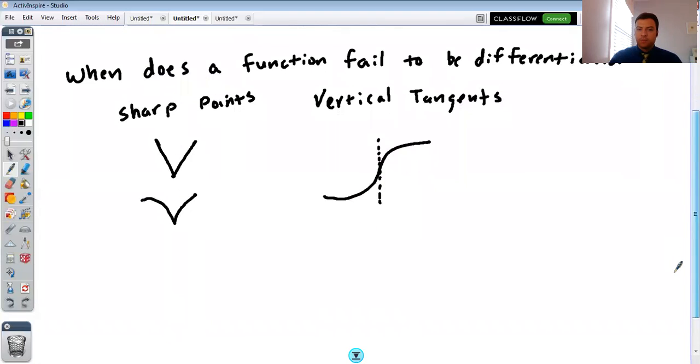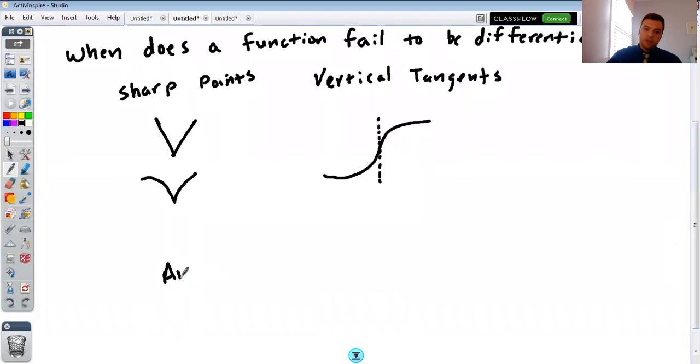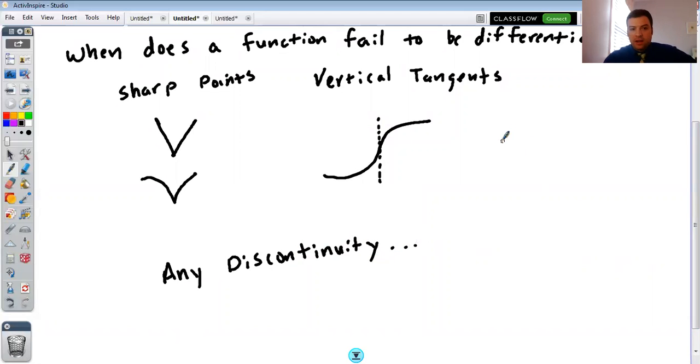And the last way would be any discontinuity. So if you think from last lesson, we looked at your jump discontinuities, your removable discontinuities, and your infinite discontinuities. If a function's discontinuous, it can't have a slope at that point, so the derivative is going to be undefined.